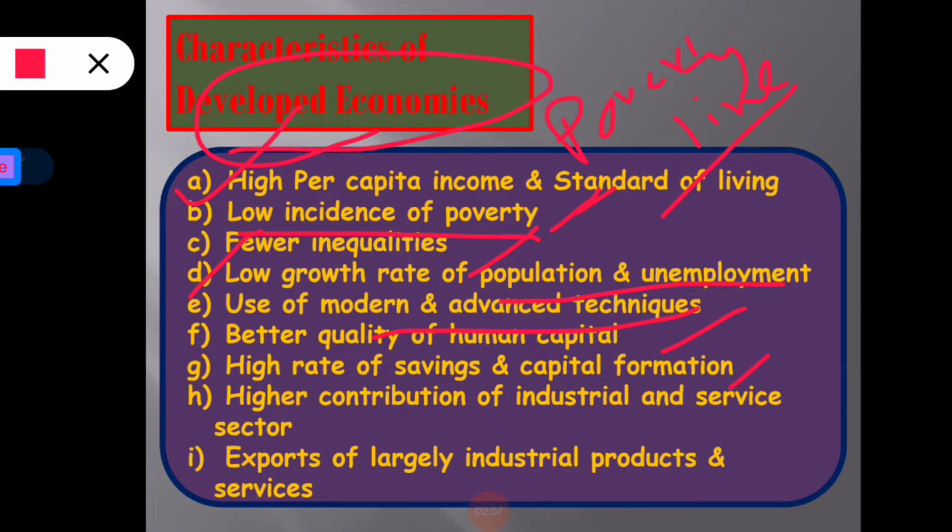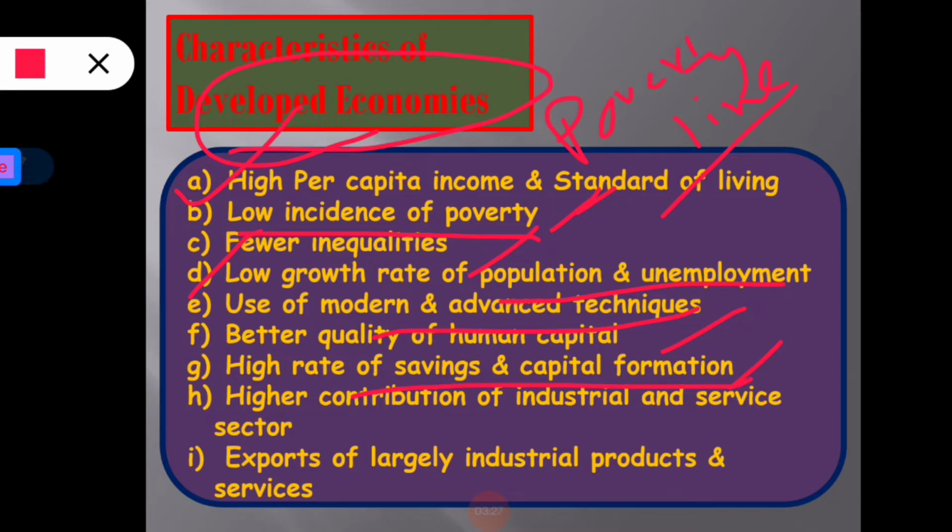Now going to the next one, high rate of savings and capital formation. Obviously the amount of production is very high, so that's why cost of production is low. The amount of profit is higher than earlier, so it leads to increasing savings and investment. So that means they have a high rate of savings and capital formation.